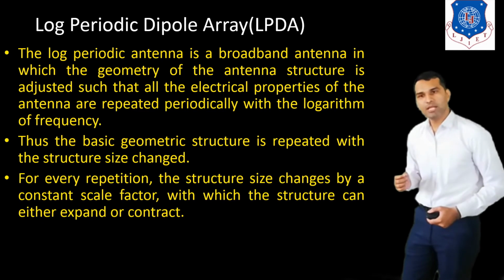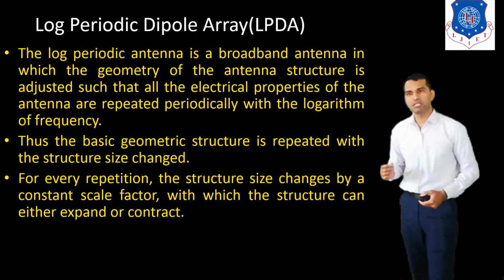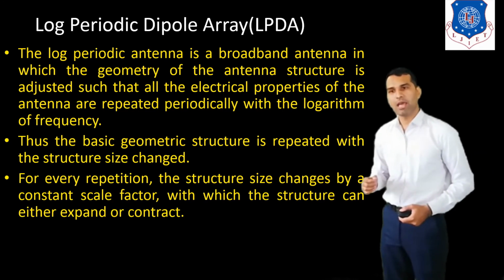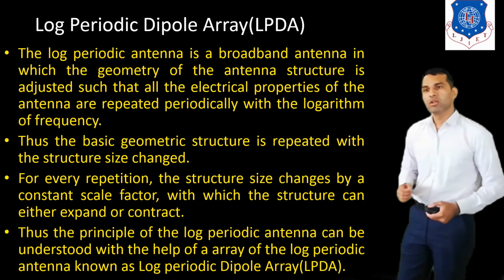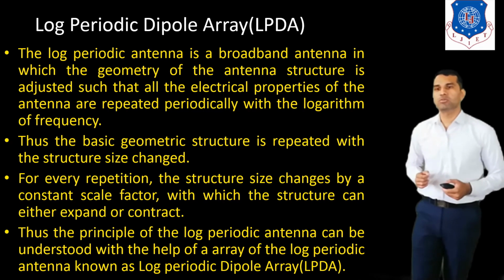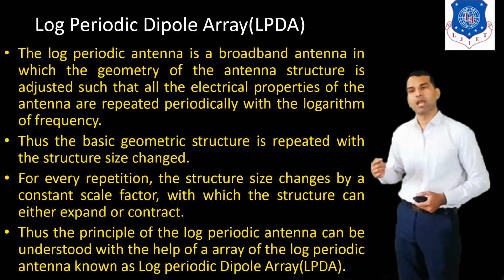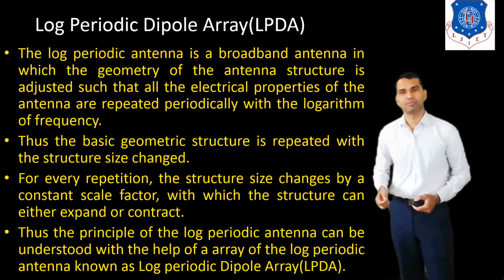For every repetition, the structure size changes by a constant scale factor, with which the structure can either expand or contract. Thus, the principle of the log periodic antenna can be understood with the help of an array of log periodic antennas, known as the log periodic dipole array.